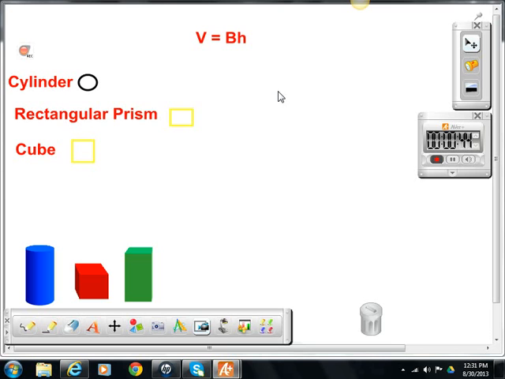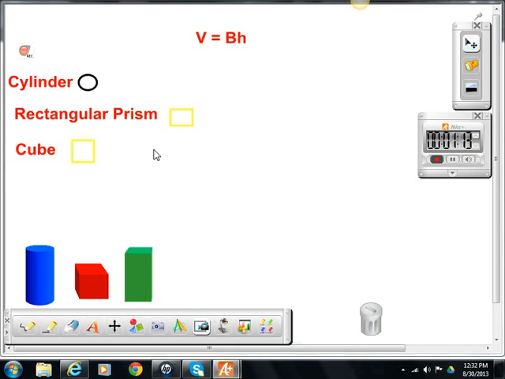Today, I want to do a brief tutorial on how to find the volume of three basic figures. The most basic one is the cube. The volume of a cube: how many cubes of a certain length fit inside a bigger cube.